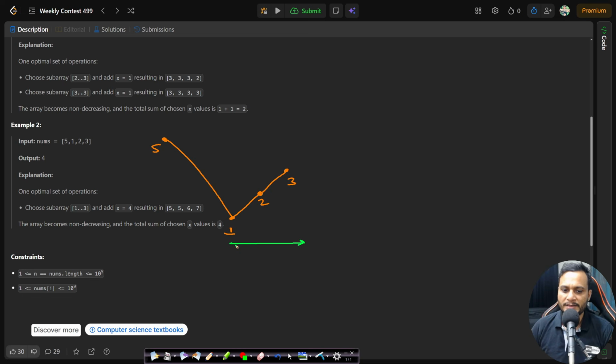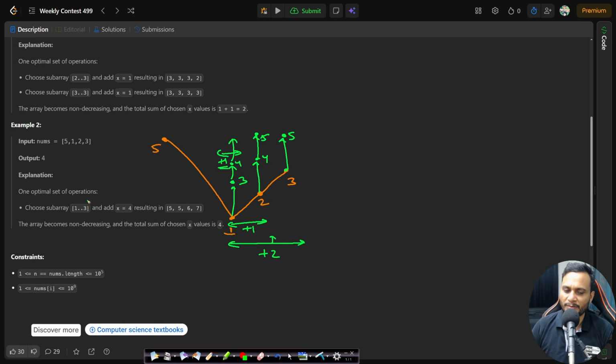You can select this entire range and increase the value by plus 2, which will make this 3 reach 5, this 2 will reach 4, and this 1 will reach 3. After this, you can increment this range by plus 1, and this 3 will become 4 and this 4 will become 5. And then only in this particular range, you can increment the value by plus 1.